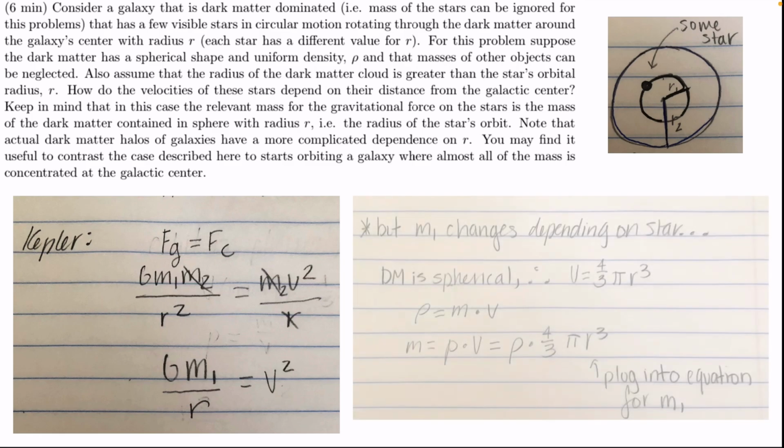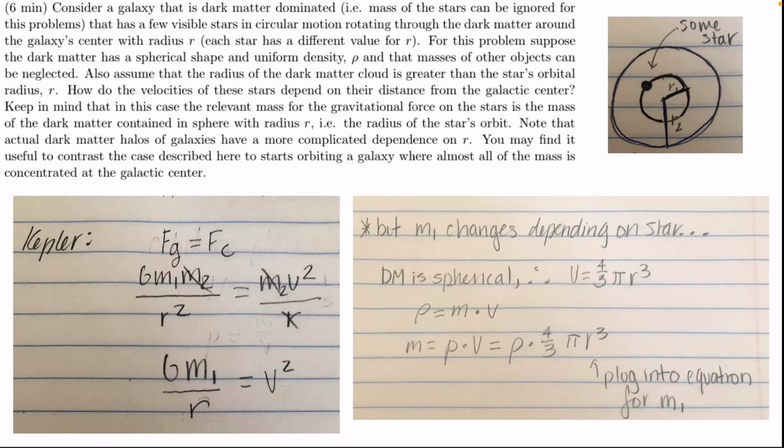So the way I did that was just noting that the problem gives us that dark matter is spherical. So we already, just from memory, or you could look this up, you can note that the volume of a sphere is 4/3 pi r cubed. The problem also gives us that density is constant, keeping in mind that we're trying to change the equation in some way in relation to the mass.